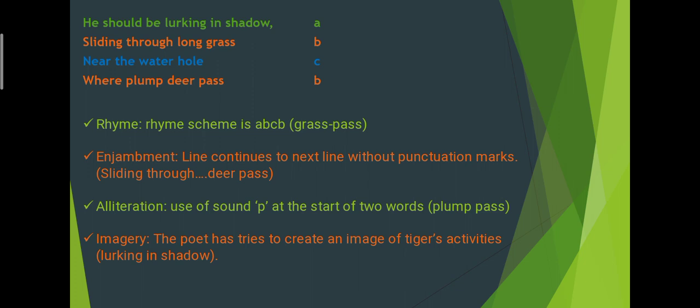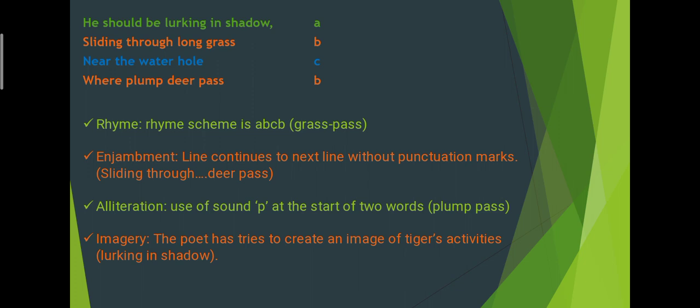Here it is P. Those two words are used one after another, or within short intervals, maybe after a word. If you see "plump deer pass," plump, pass, both begin with the consonant sound P. In between, a short interval means only one word is there. P, P. This technique is called alliteration.